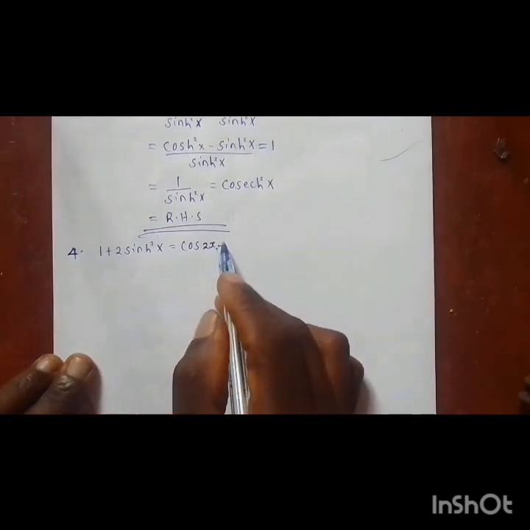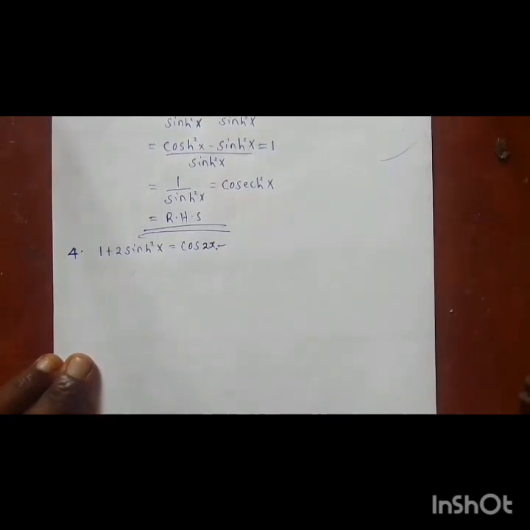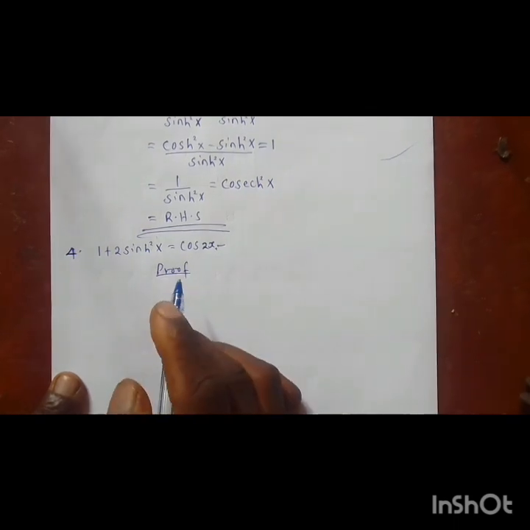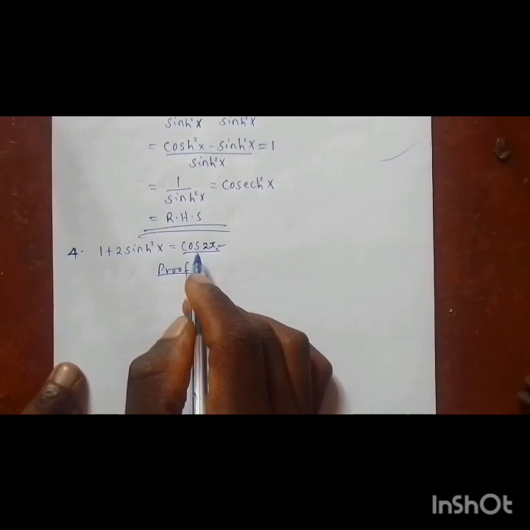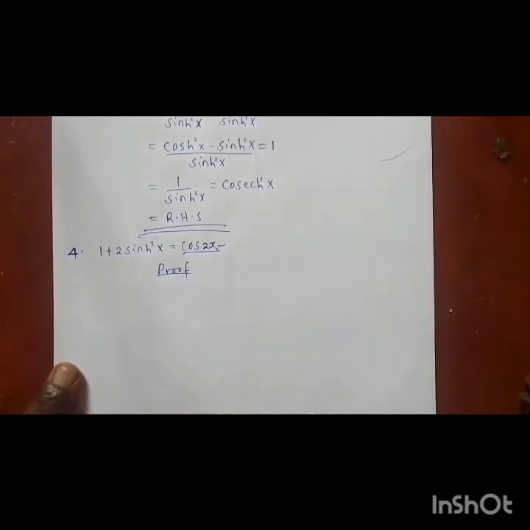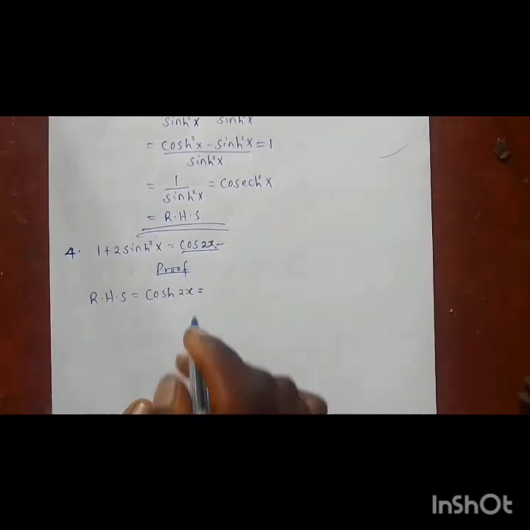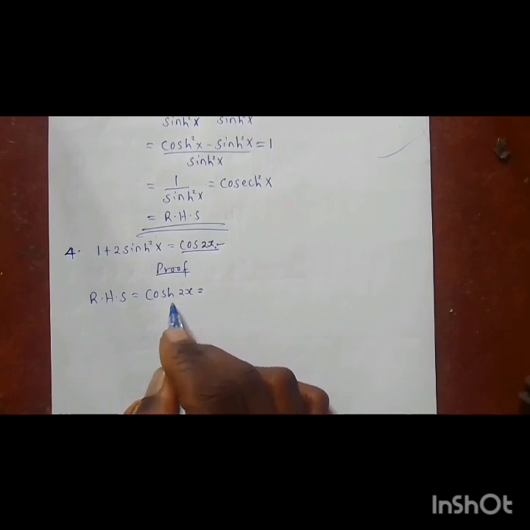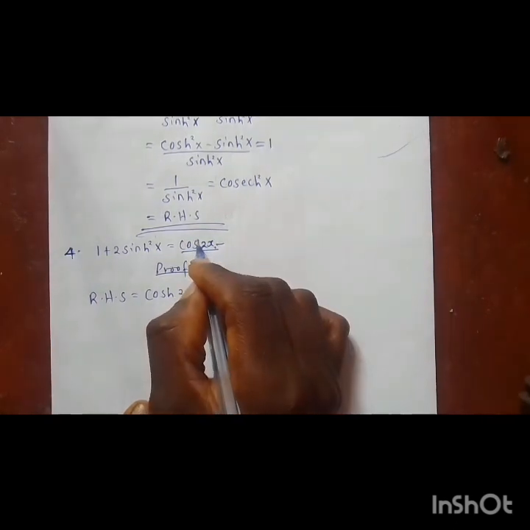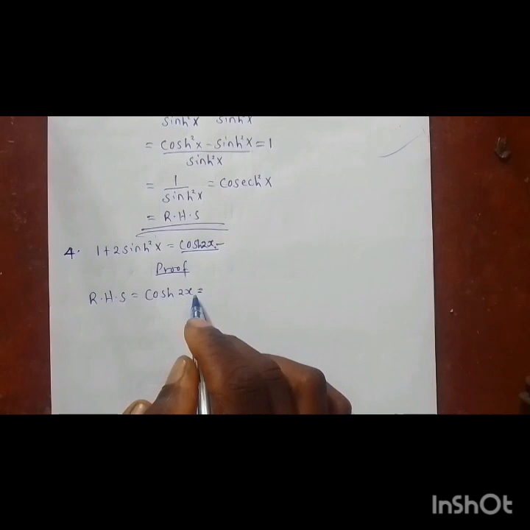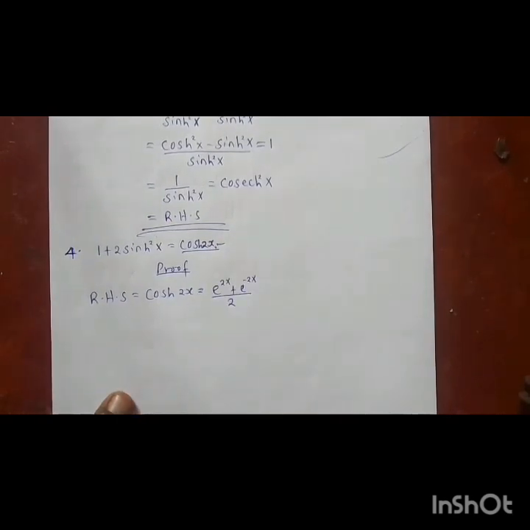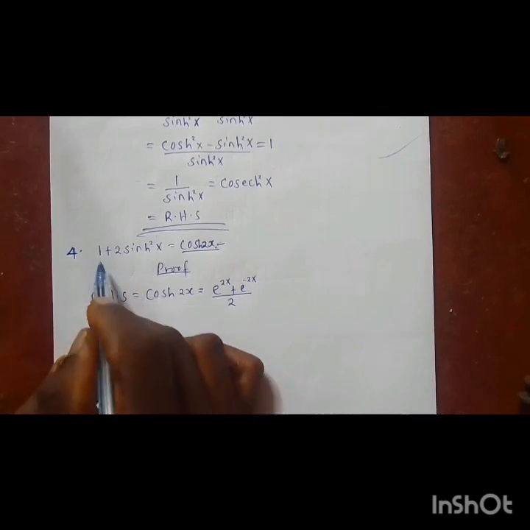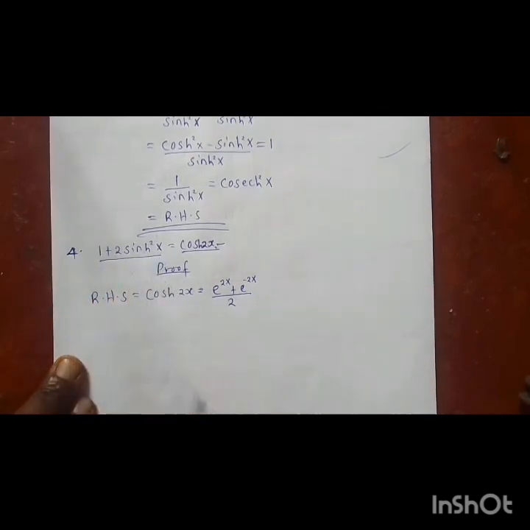Here, to prove it, first of all, let us express the right hand side in its correct form. So this now, the hyperbolic cosine of 2x, is now written as, right. So now let us deal with the left hand side.